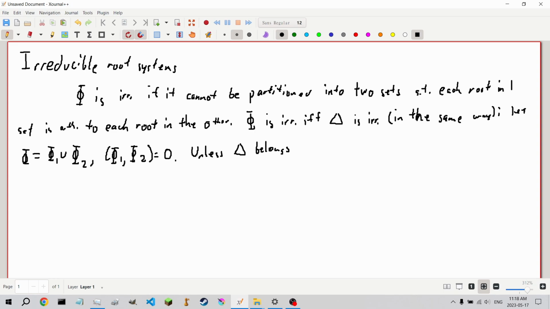Unless delta belongs to one of them, this induces a partition of our basis delta.